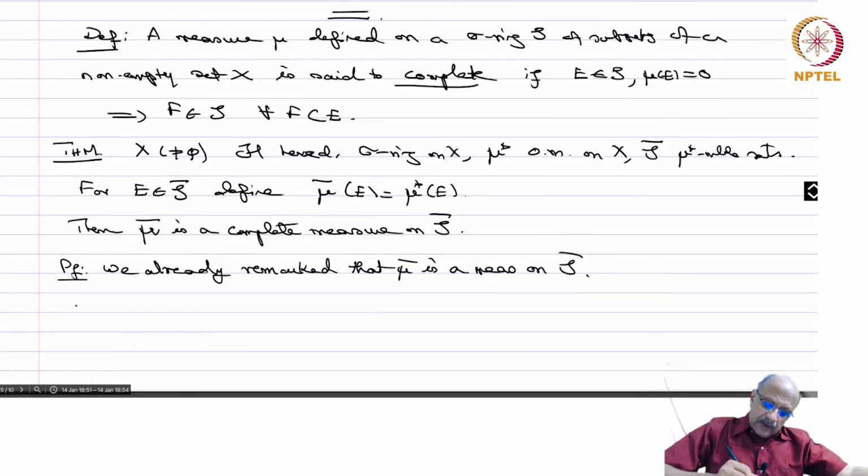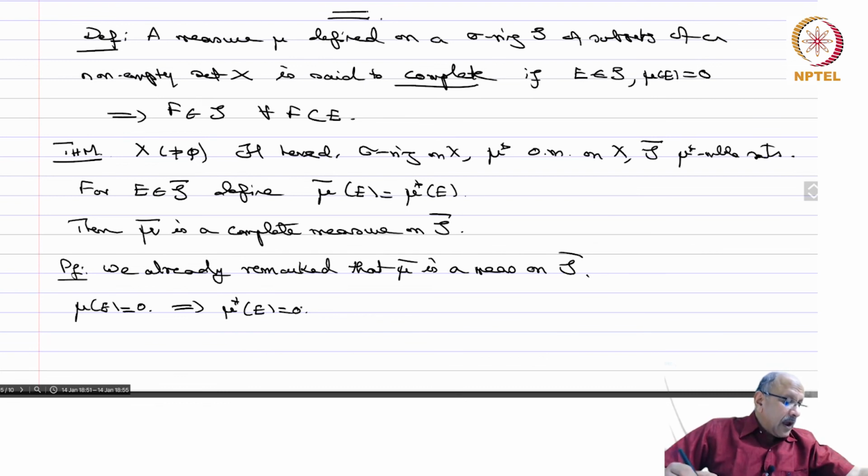So now let mu bar of E equal to 0. So this implies that mu star of E equal to 0, because it's the same thing.